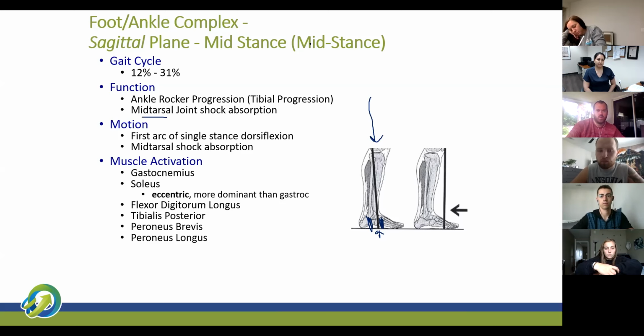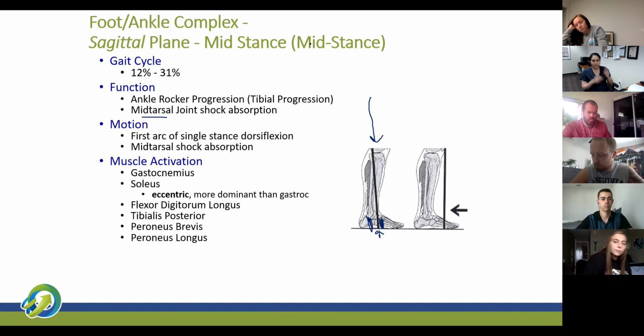So the gastroc and the soleus are eccentrically working to control dorsiflexion of the foot, and then a few of the other plantar flexors, the flexor digitorum longus and tibialis posterior. And then remind me again, what are the peroneus brevis and longus? What motion do they cause at the ankle? It's in the coronal plane. There's your hint. Eversion.